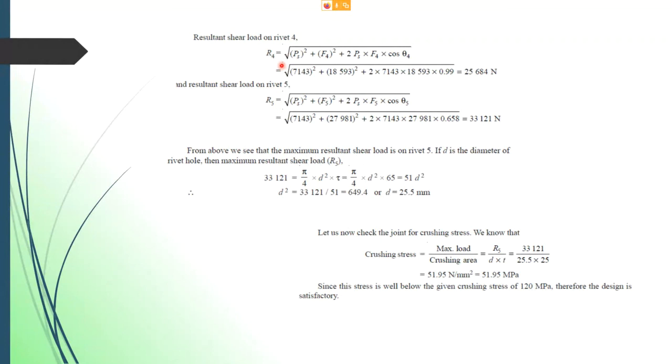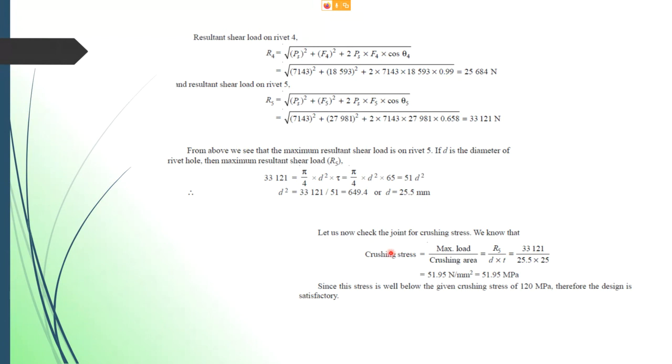Among 3, 4, and 5, you have to pick which one is the greatest. This one, 33,121, will be the maximum resultant load. So place it into this formula and find out the diameter of the rivet.